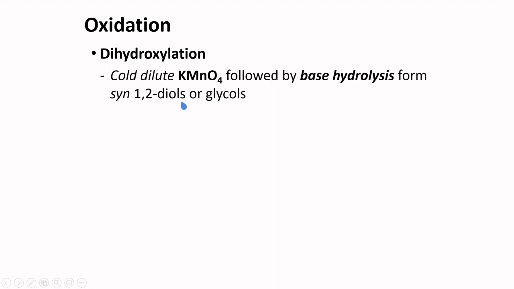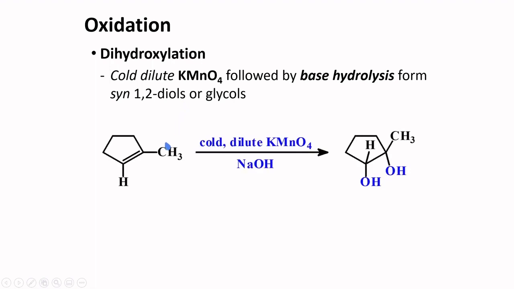Cold alkaline potassium permanganate is called Baeyer's reagent. For this example, cold dilute potassium permanganate in the presence of sodium hydroxide will add 1,2-diols in a syn manner. Thus, the hydroxyl groups are cis.